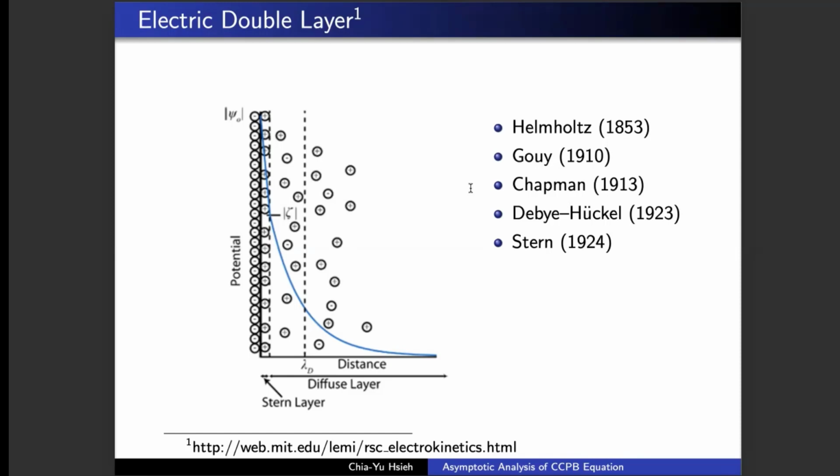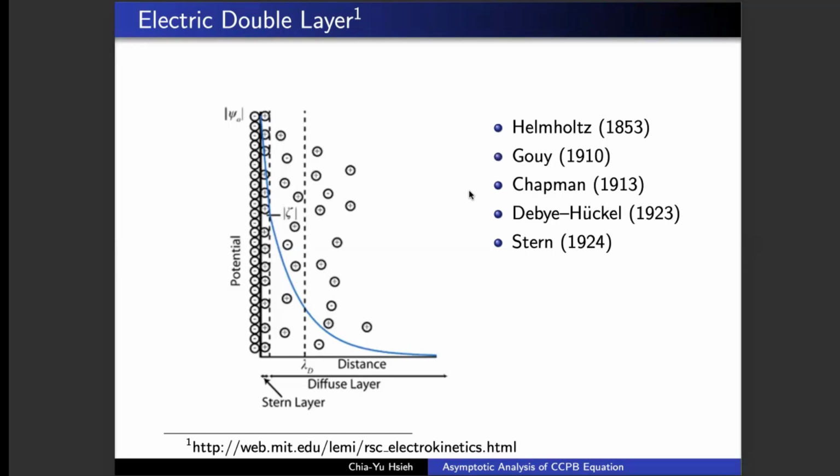If we consider a container with ionic solution inside, and we put an applied voltage on the boundary, then the ions will be attracted to or repulsed from the boundary, depending on its sign. Okay, and so we have a region of higher concentration of ions and form a layer.